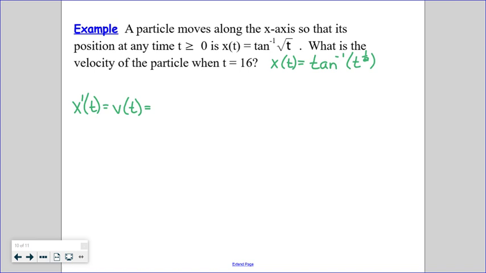It is a chain rule problem, so I'm going to do the derivative of the outside function, which is inverse tangent. Derivative of inverse tangent, 1 over 1 plus the insides squared. Our insides are the square root of t, or t raised to the 1/2. Chain rule, so now times the derivative of the inside. Derivative of t raised to the 1/2 would be 1/2 t raised to the -1/2.